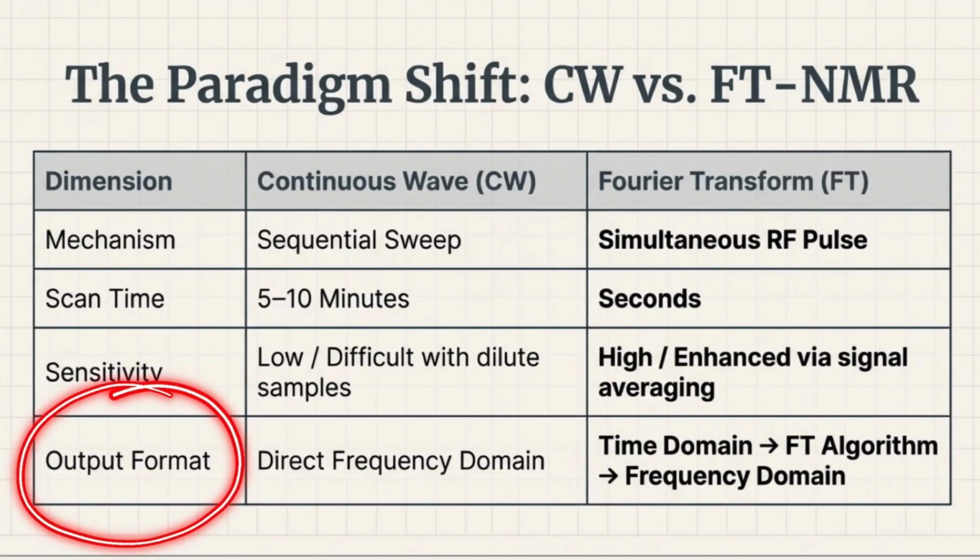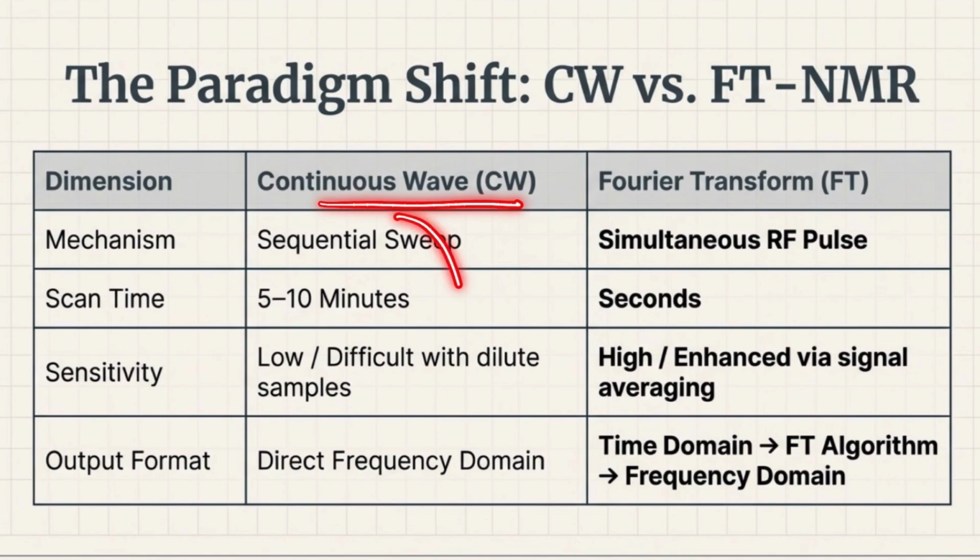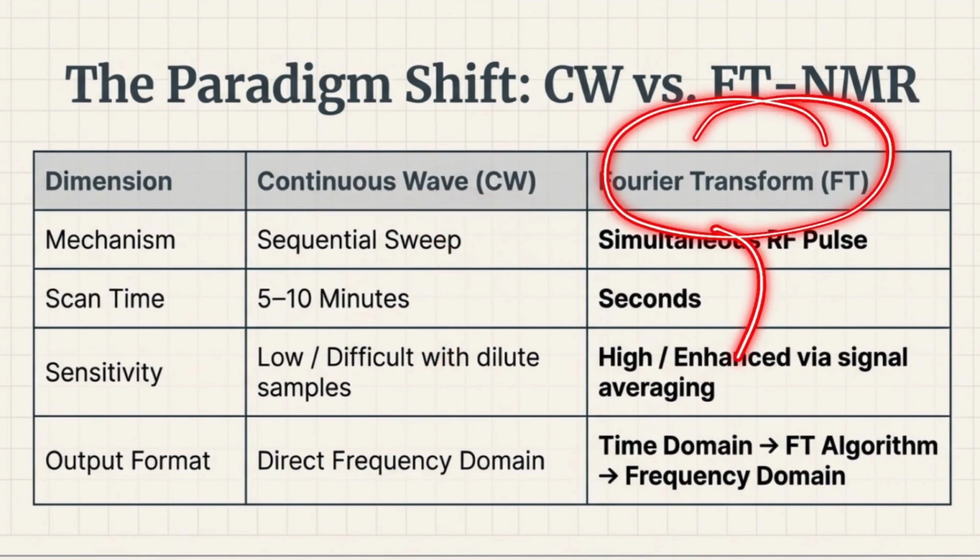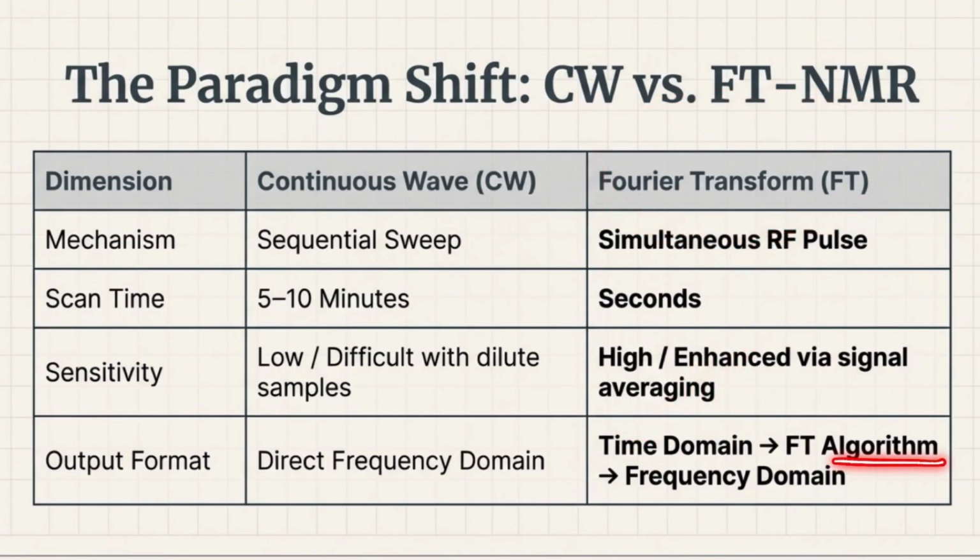Next is the output format. In continuous wave instrument we get a direct frequency domain signal, whereas in FT instrument first we get a time domain signal, then by using the Fourier transform algorithm we get the frequency domain signal.